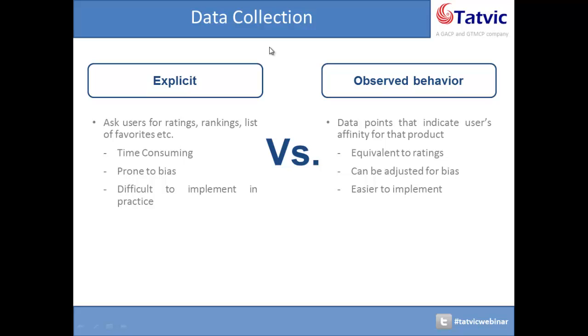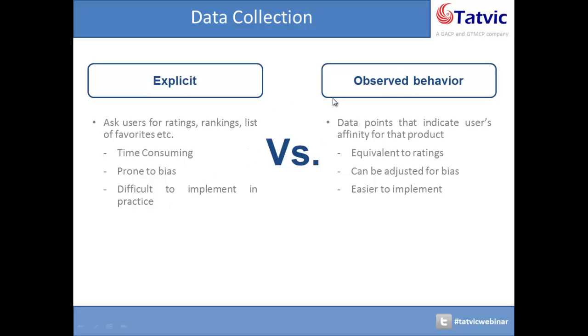We can get these ratings in two ways: either explicitly asking the users for ratings, or we can observe user behavior. The first approach is very time consuming because it requires too many actions in order to give ratings, and the ratings in this approach are likely to be biased, meaning some users will give ratings and some users will not. And this approach is very difficult to implement in practice.